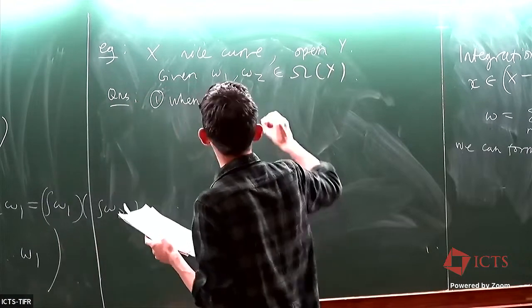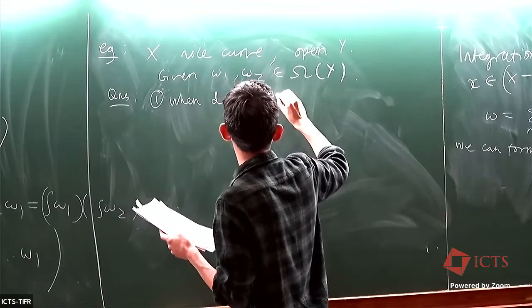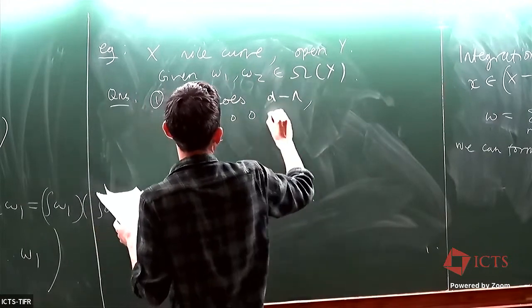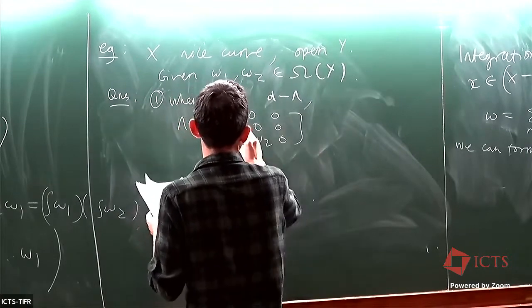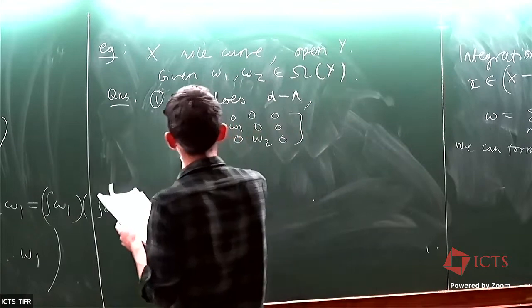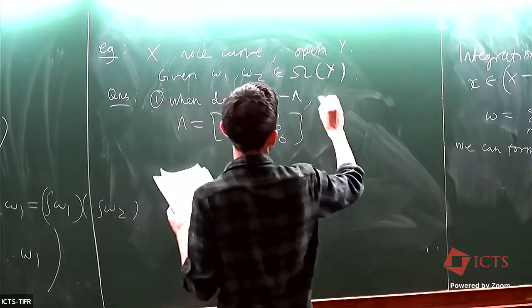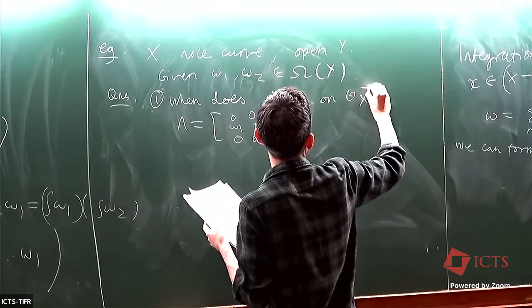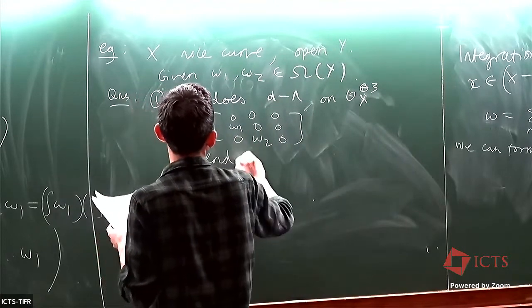When does the connection d minus lambda, where lambda equals the matrix with omega 1 and omega 2 in the subdiagonal positions and zeros elsewhere, a connection on O_Y^3, extend to X?